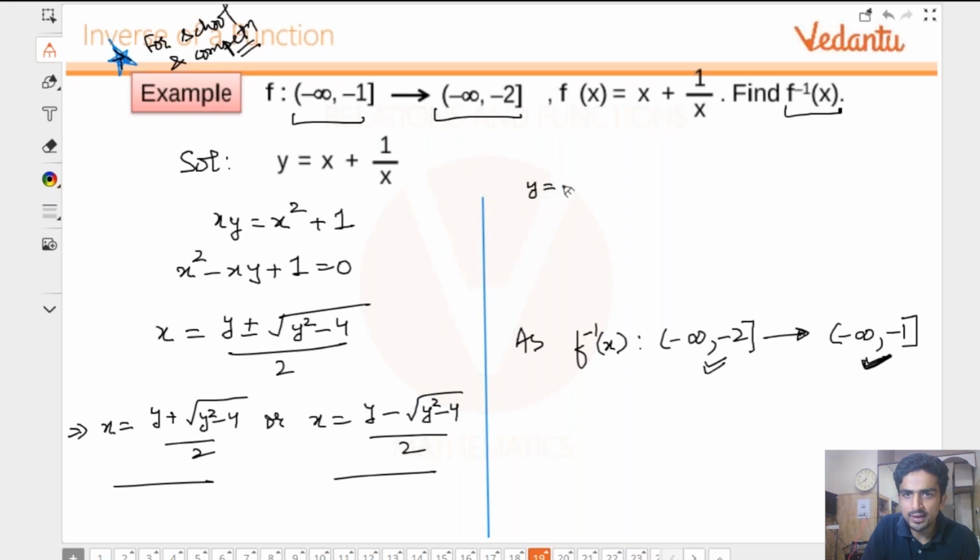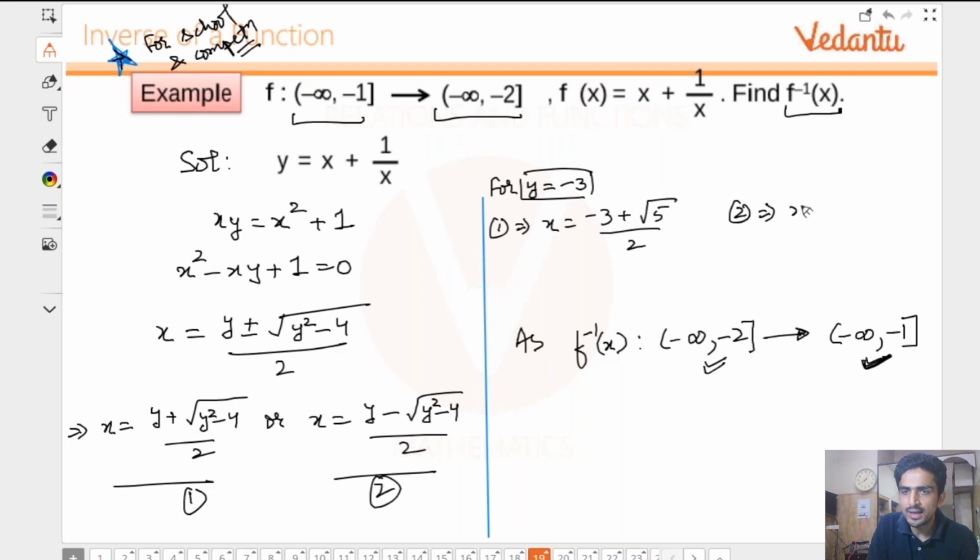Say I take y equal to minus 3. First one, let me call this 1, it's 2. First one gives x as minus 3 plus root of 5 by 2, and the second one gives x as minus 3 minus root 5 by 2.